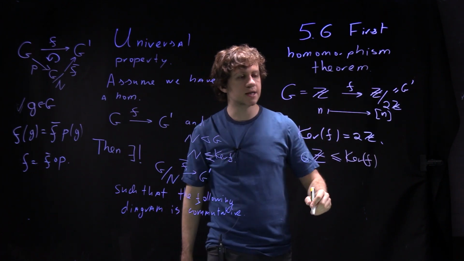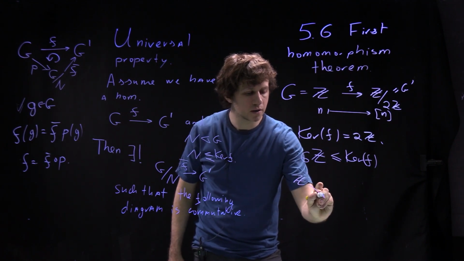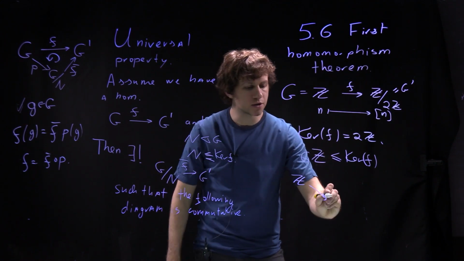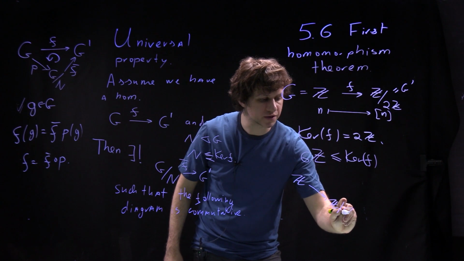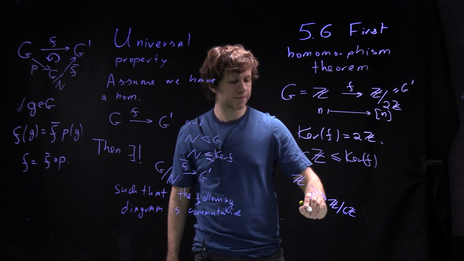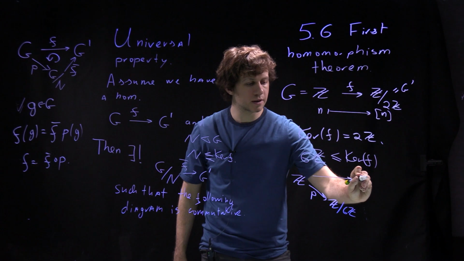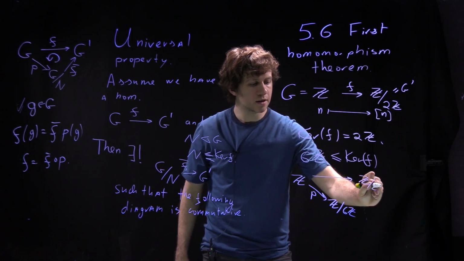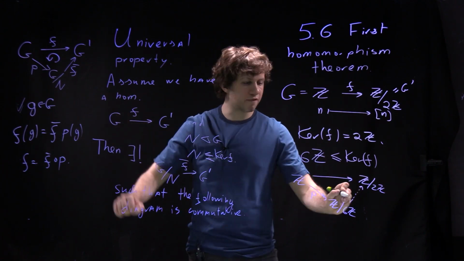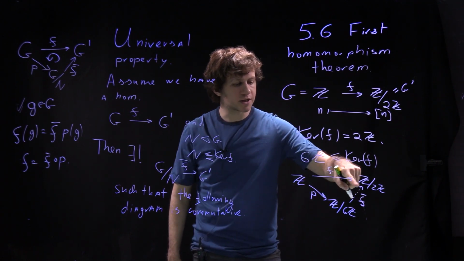So what our theorem tells us is that there exists a unique map. So first I have this factor group over N, which is 6Z. So I have a map from Z to Z over 6Z, which is my map P. Okay, and then the statement is that there exists a unique map, which usually people denote by this dotted arrow, F bar, so that this diagram is commutative.